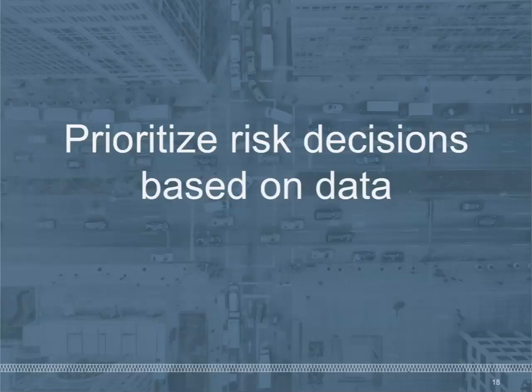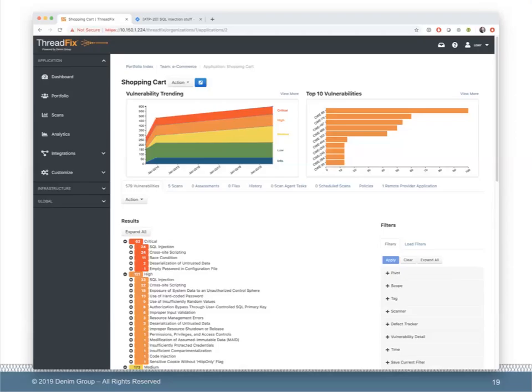So what we've done at this point is we've pulled in the results of all these different testing activities, and we have a cleaned up view of that data. From that, we can start to prioritize and make risk decisions about these vulnerabilities. The unfortunate truth in any security program and the development programs that they interact with is you're never going to be able to fix everything. I don't like that. People on this webinar probably don't like that, but I think it's important to admit that that is the reality.